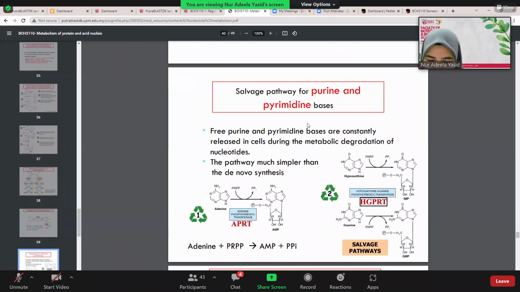Biasanya kalau degradation dia akan release adenine, guanine, hypoxanthine. So the salvage pathway utilizes these bases to produce AMP and also GMP. This one is the salvage pathway for purine.